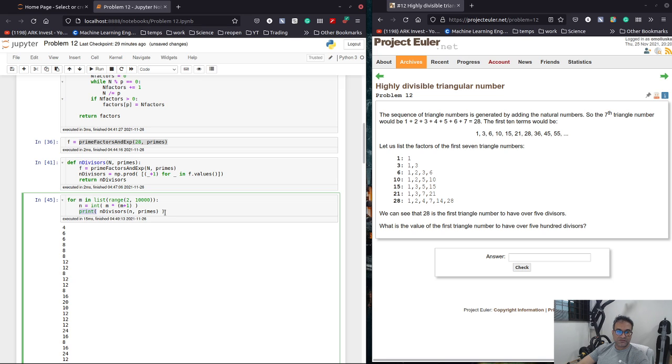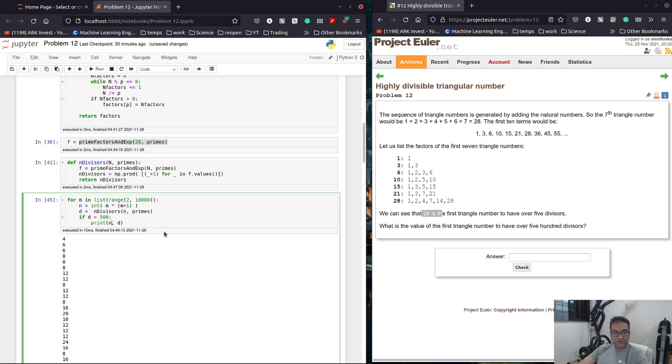Number of divisors, we will call it d, and if d is over 500, then we will print d. We have to print value of the triangular number. What is the triangular number? Give me a second. 28 is the first triangular number, so this n is the triangular number. N.